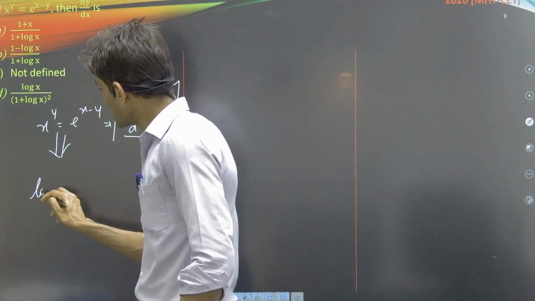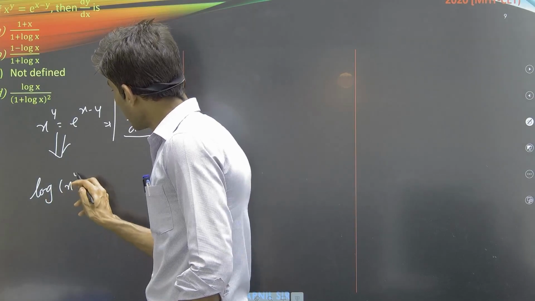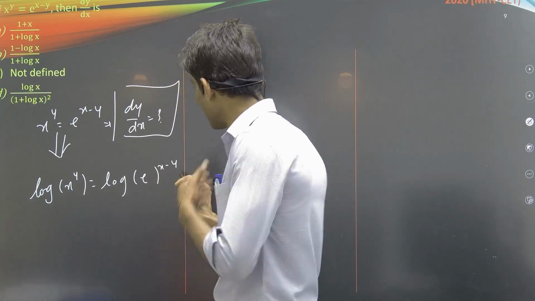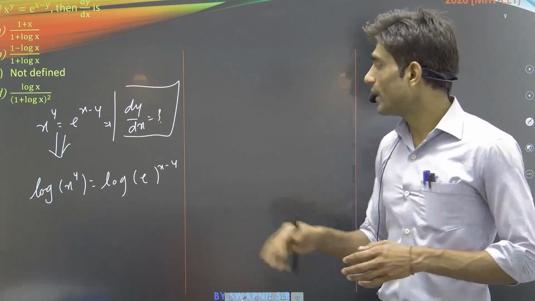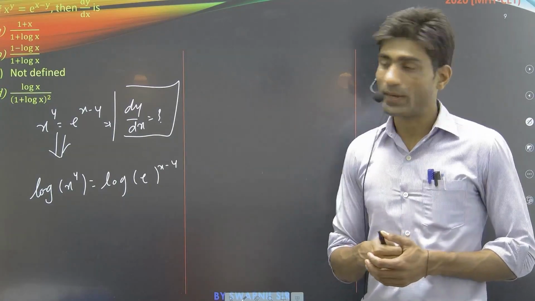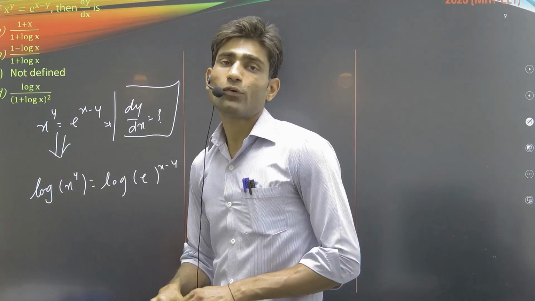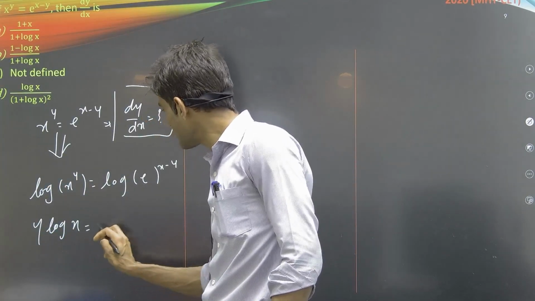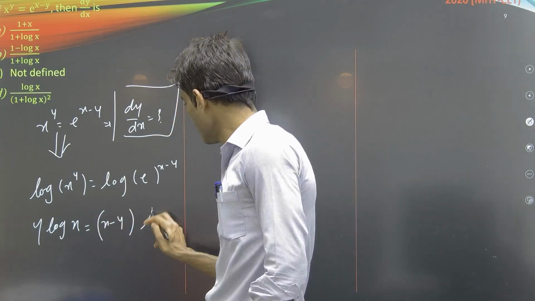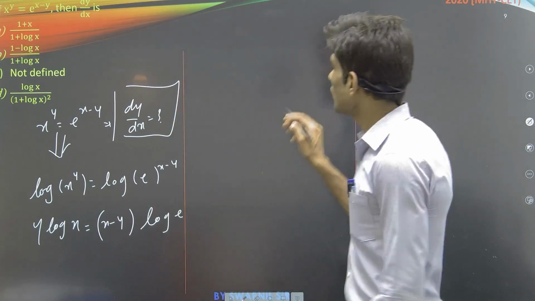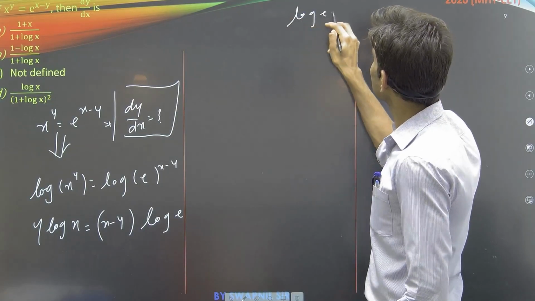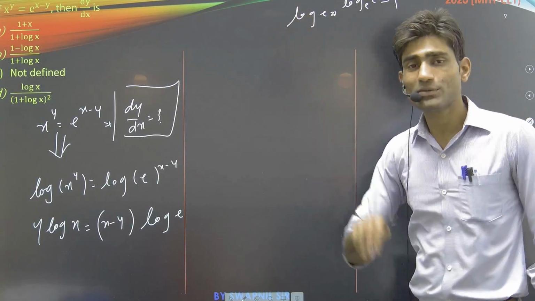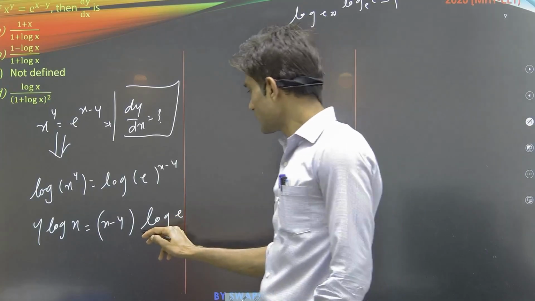So log of x to the power y equals log of e to the power x minus y. Apply the exponent rule. Take y in front: y log x equals (x minus y) times log of e, and we know that log e, that is log to the base e, is equal to 1.